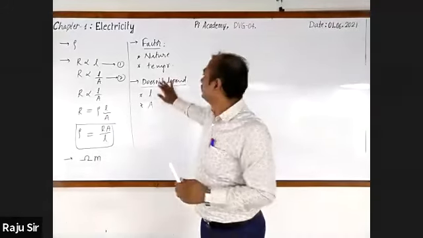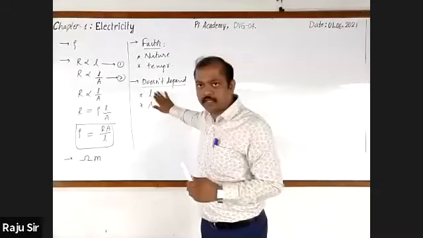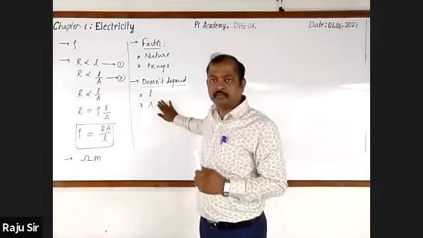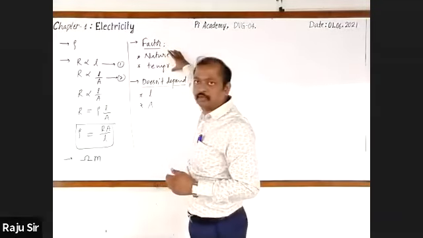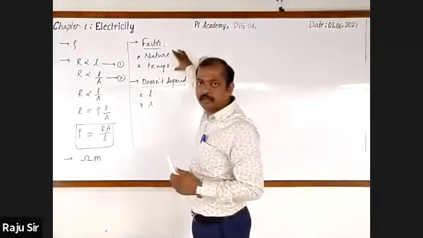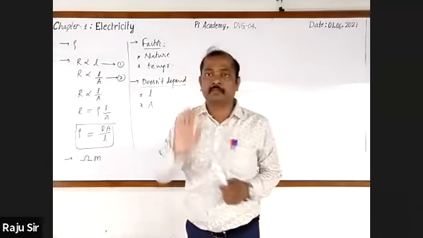Hence, resistivity does not depend on length of the conductor and area of cross section of the conductor, but it depends on the two factors I mentioned here: nature of material of the conductor, and second, temperature of the conductor.